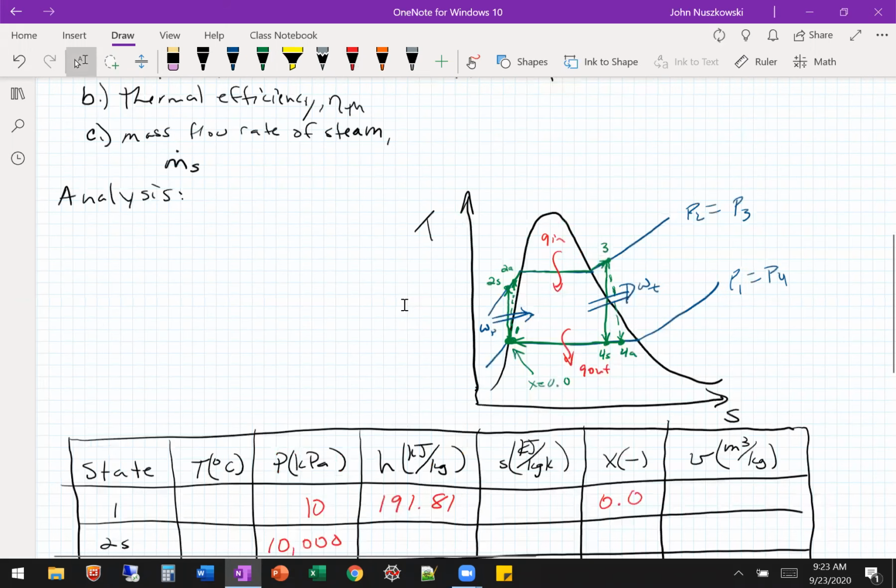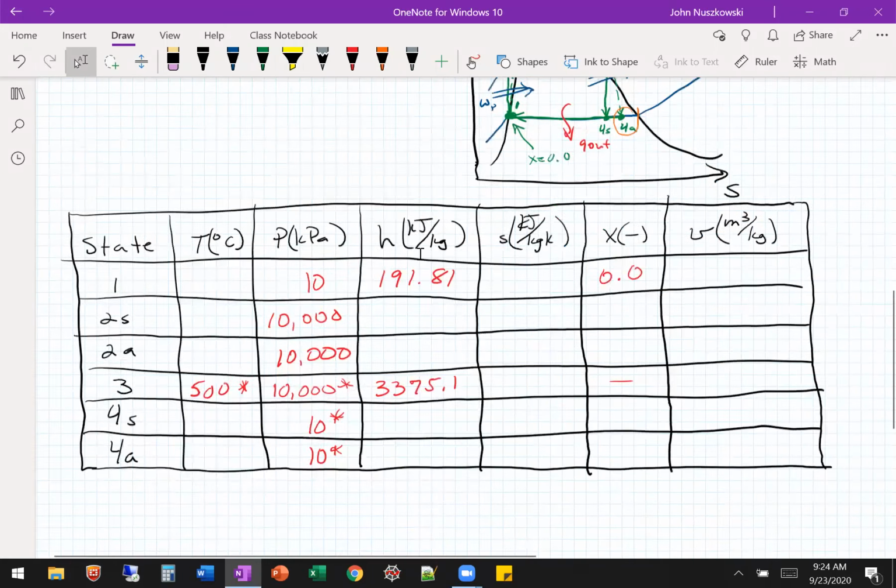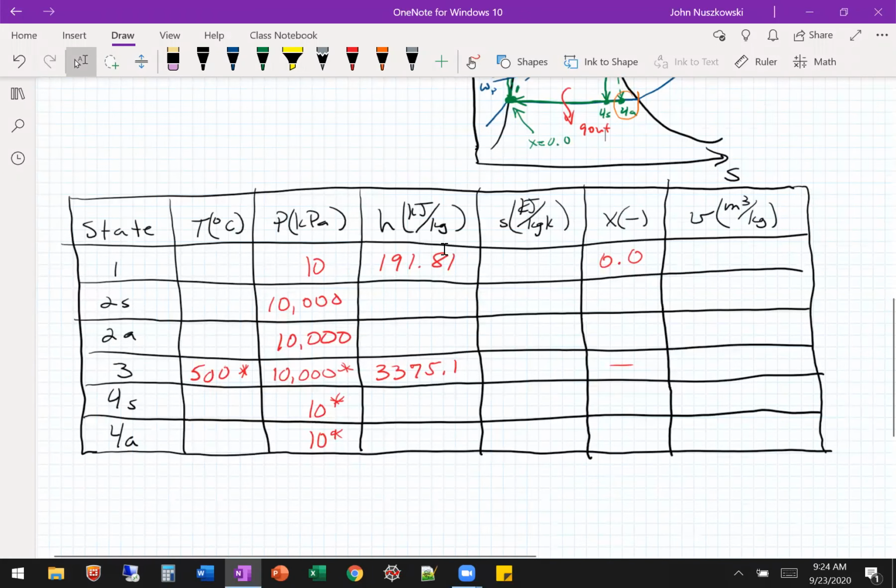All right, so let's go back to part A. It says the turbine exit quality. So that's going to be this, right? So we're ultimately looking for this guy, the quality at the turbine exit.